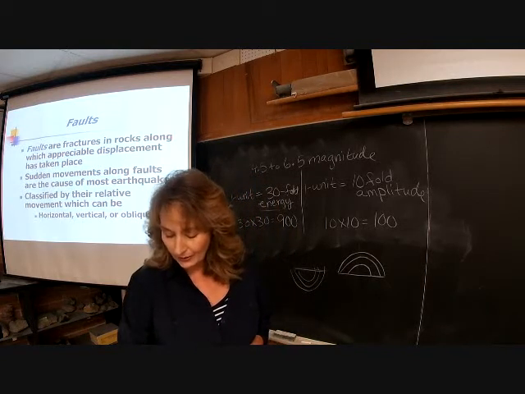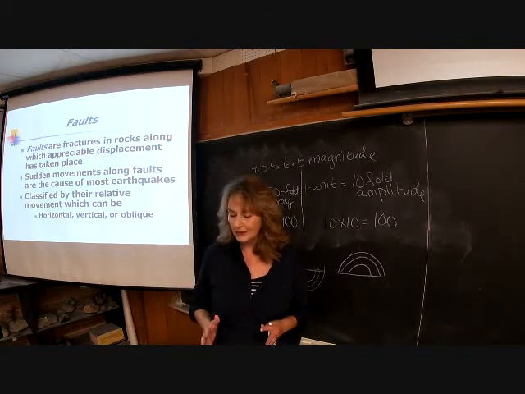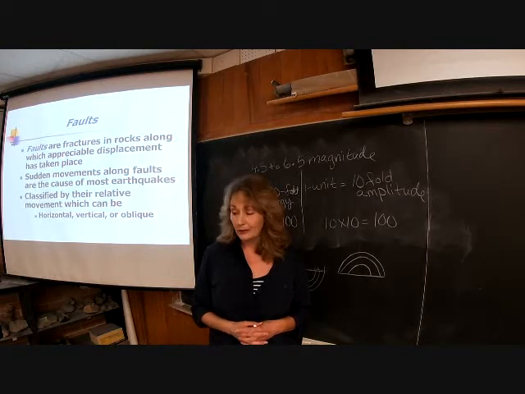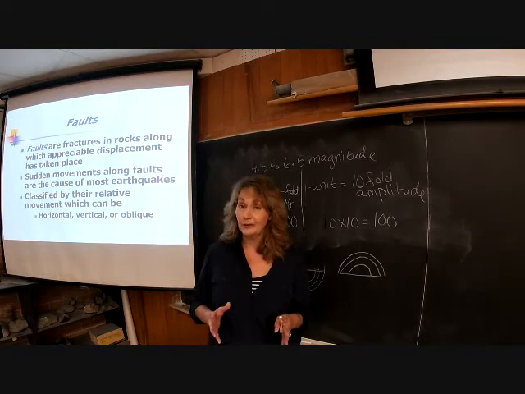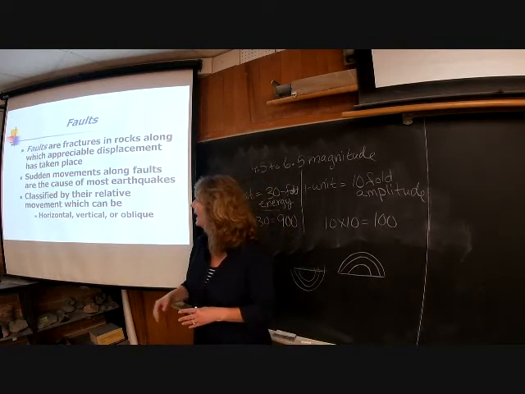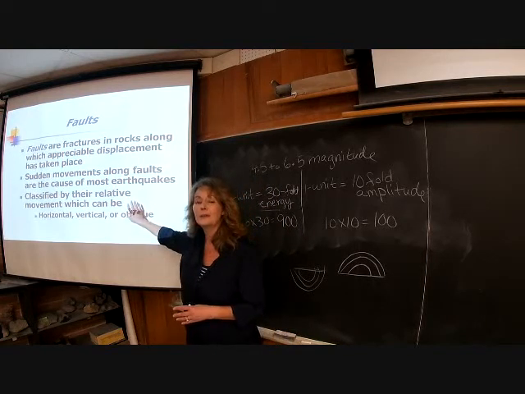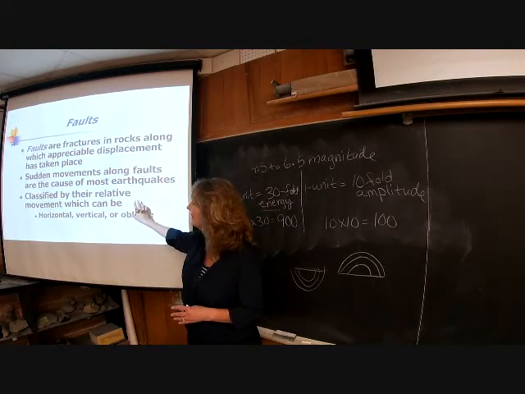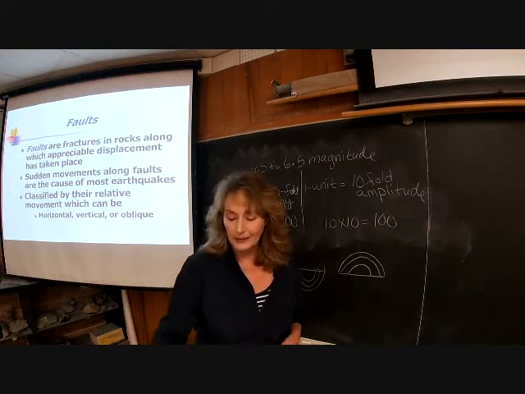So the faults are where the movement is primarily vertical, okay? It could be vertical, horizontal, or oblique, but we're going to classify them depending on, well, what is that relative movement that we're seeing?